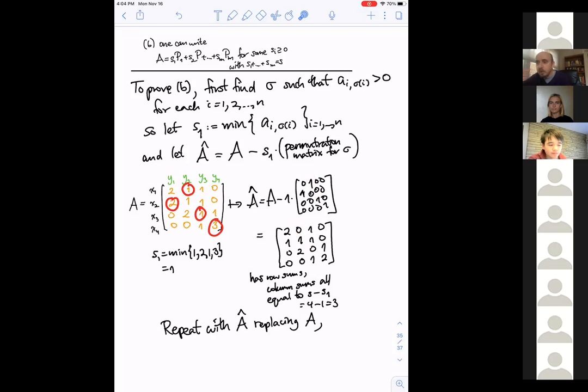We can say A hat already has the expression that we wanted. And if you go back, that means A has the expression that we wanted.